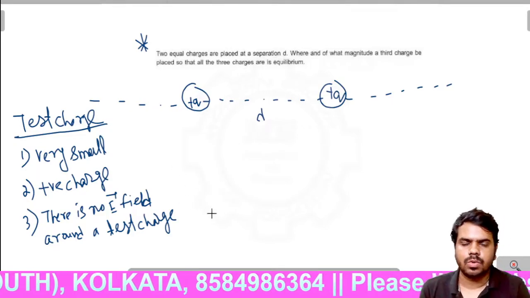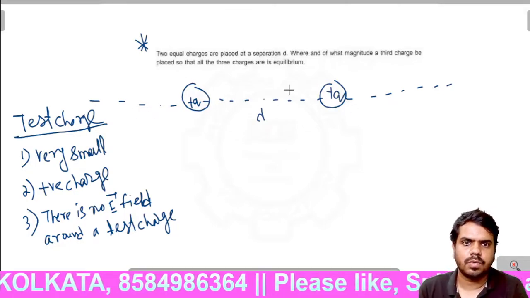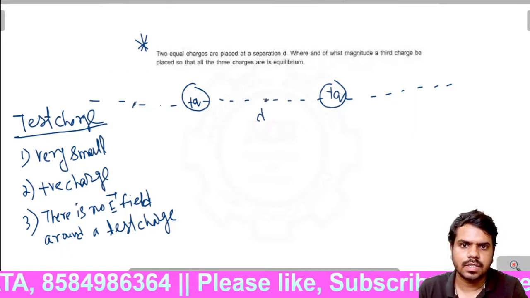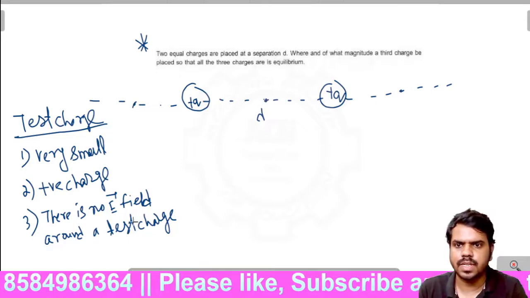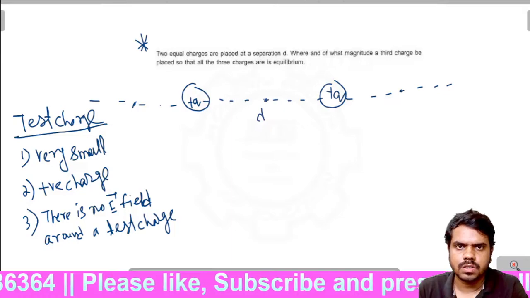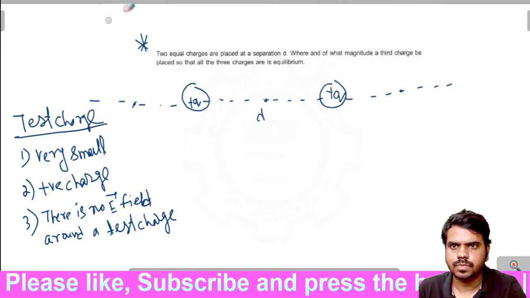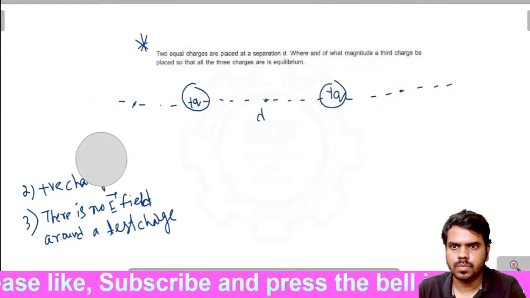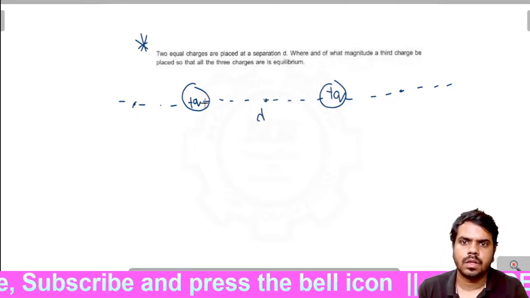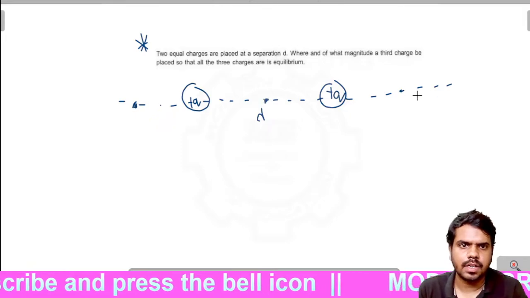Now there are three places to place a charge: one here, one here, and one here. I am erasing all these things to clear the space. See, there is some possibility of placing the charge here, here, and here.